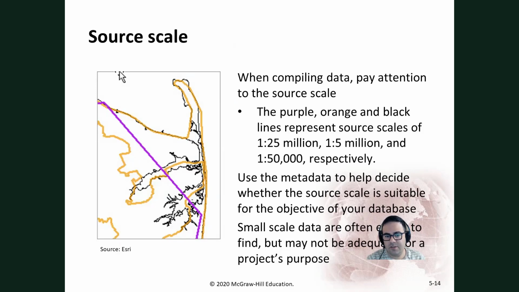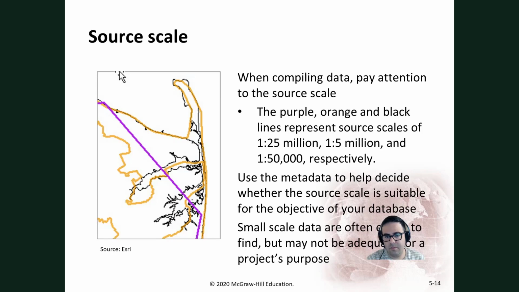If your data from one layer is from 1 over 25 million, basically a very small scale, the actual number is small, but the features don't have the same level of change compared to the larger scales. For example, 1 over 50,000. It's pretty good in terms of how much detail you can include.